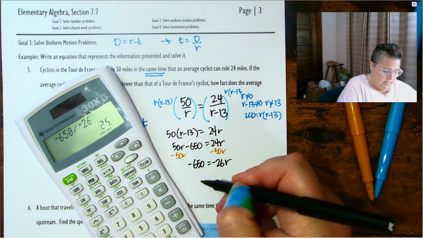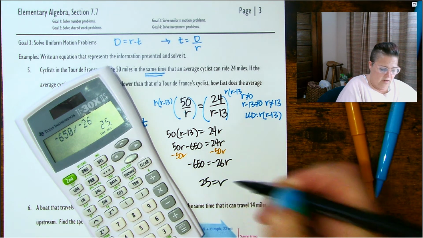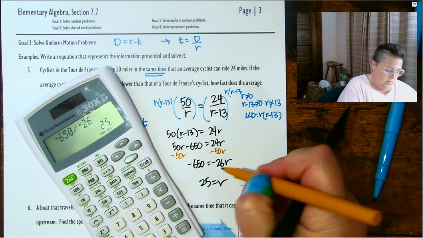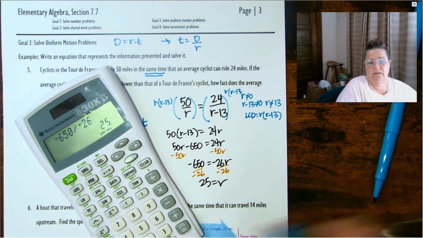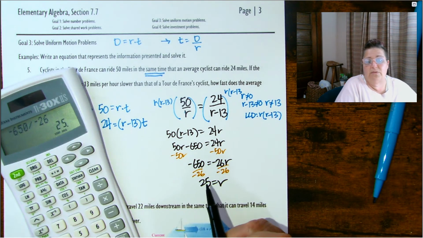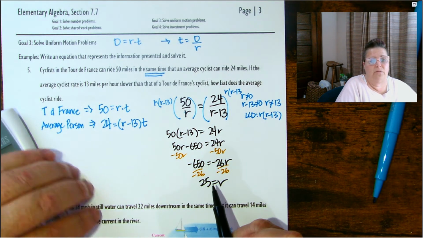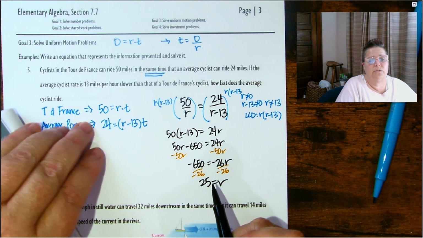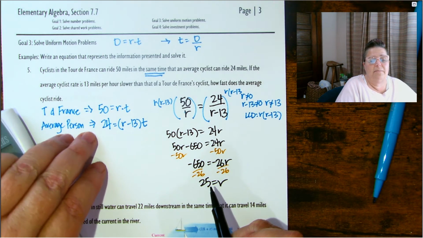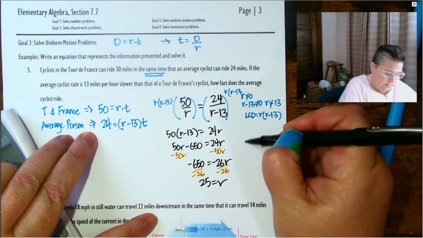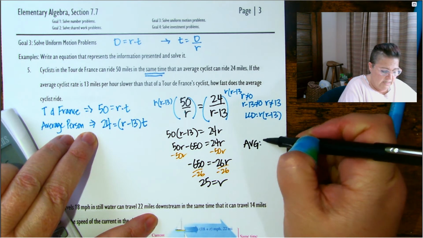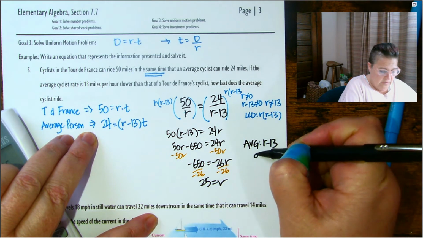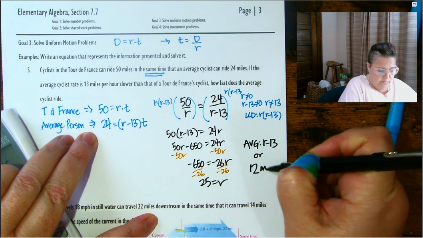And I get 25 is the R. So I divided by negative 26, divide by negative 26. Okay. I know that the rate is 25 miles per hour, but that's of the Tour de France guy. That means that the average person is R minus 13, or 12 miles per hour.